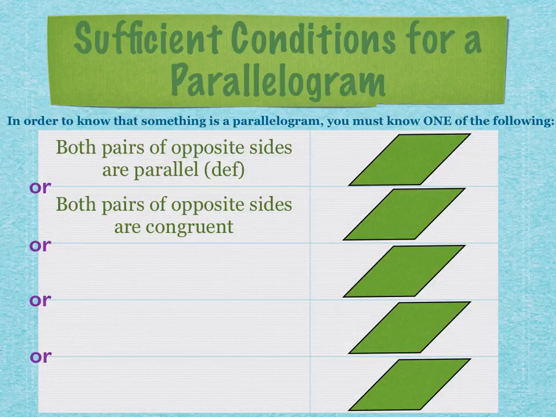Next we have that both pairs of opposite sides are congruent. Okay, so I didn't say anything about parallel now, but I can still get a parallelogram if I know that my opposite sides are congruent.